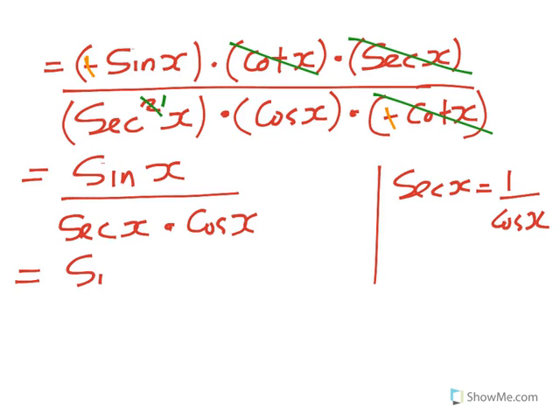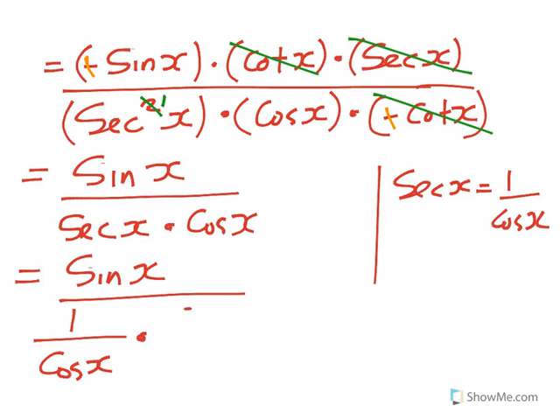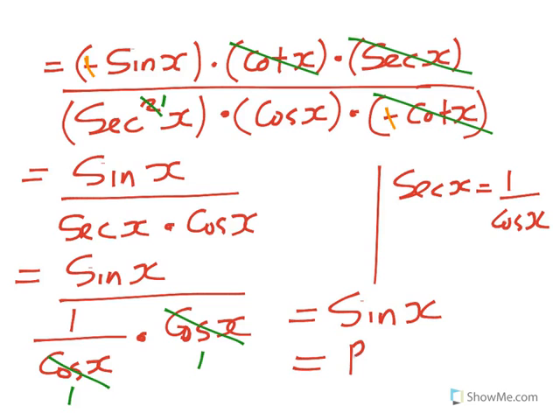So you continue and say sin x over 1 over cos x, times cos x. You can see that it further cancels and cancels. You get a 1. So this then will be equal to sin x, which is equal to the right hand side. So what have you done? You have proved, because the question was to prove that the left hand side is equal to the right hand side.